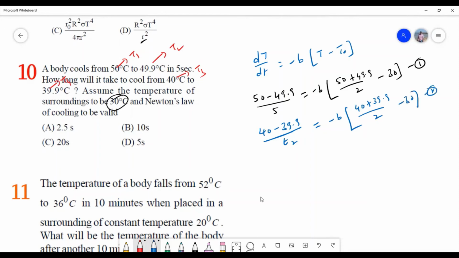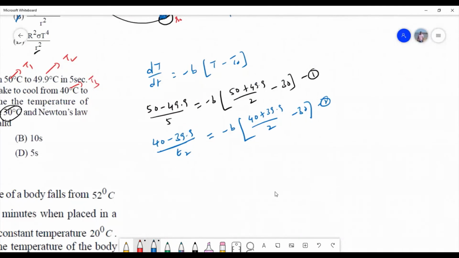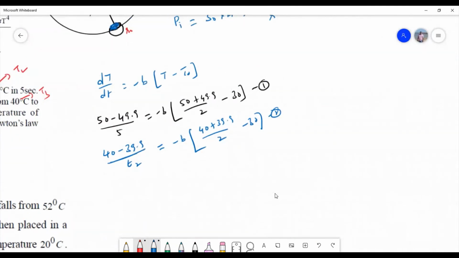This is the second equation. If you simplify this, 50 minus 49.9 is 0.1. So let's divide 1 upon 2. This is 0.1 by 0.1 into T2 by 5, because there is a 5 there, is equal to, this is very important.